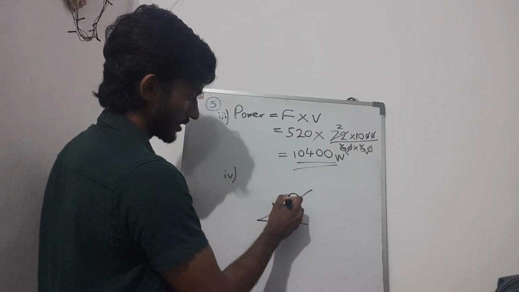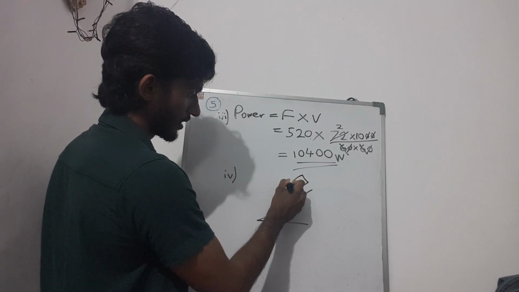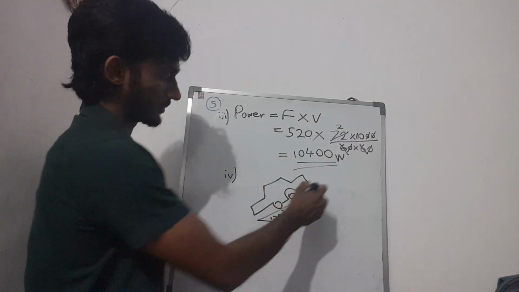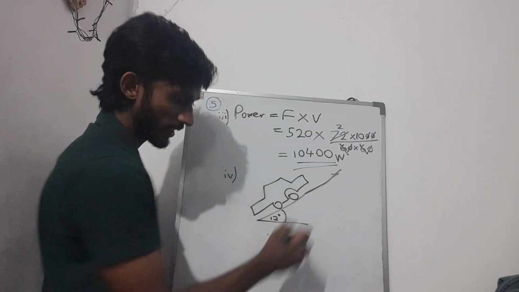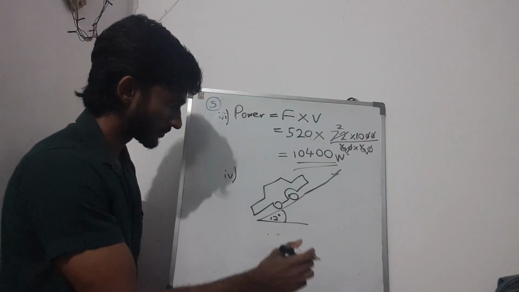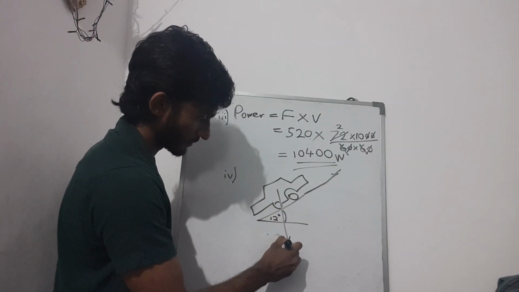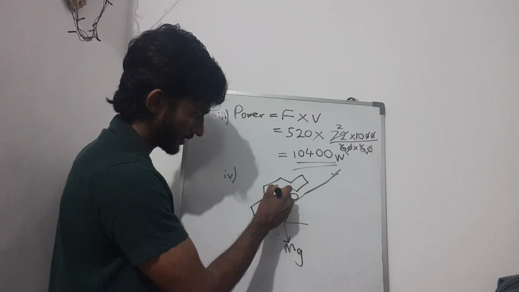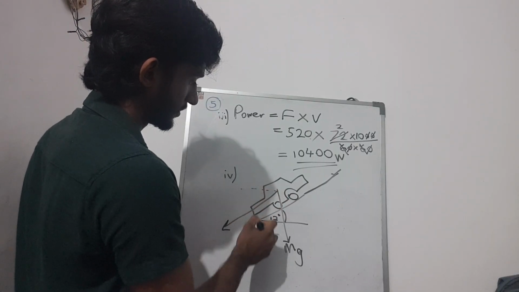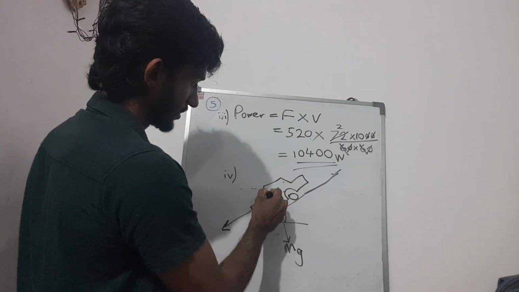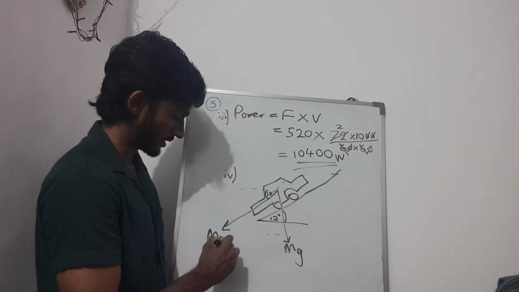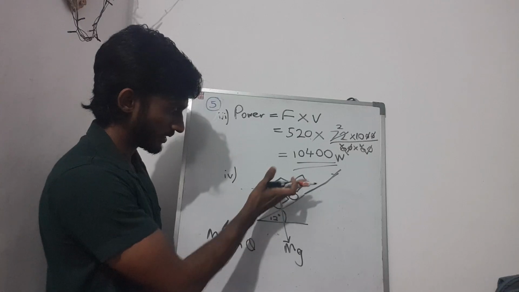This is the car, climbing at an angle. Then mg sin theta is in this direction.